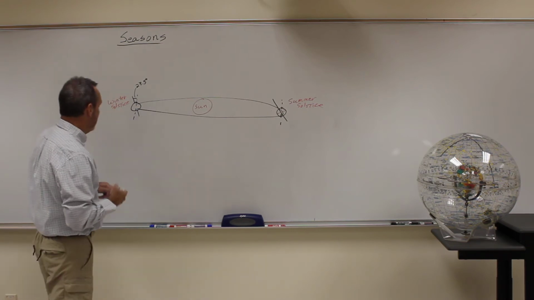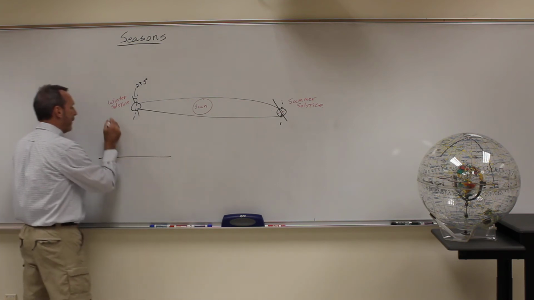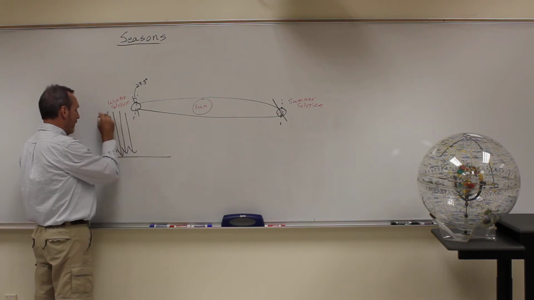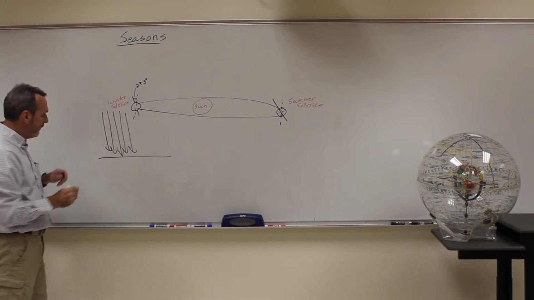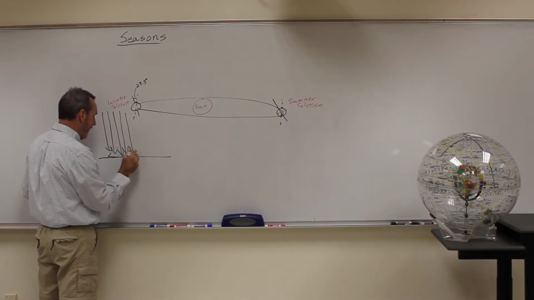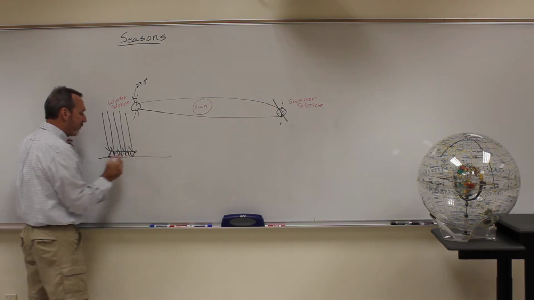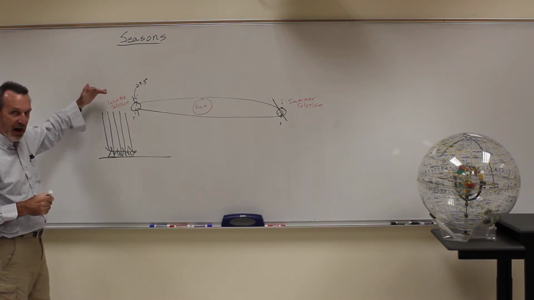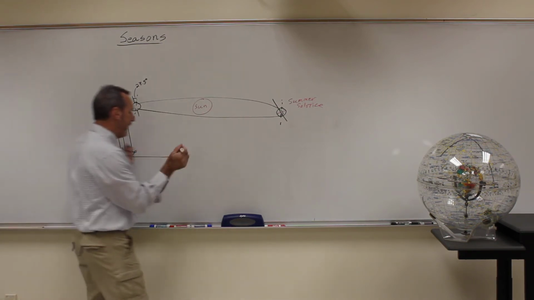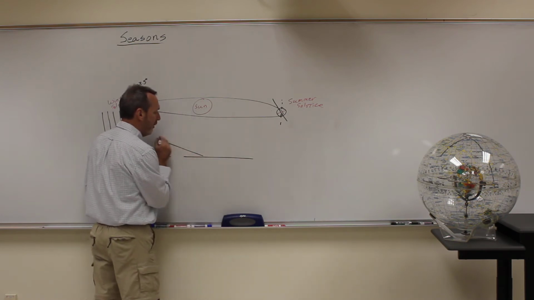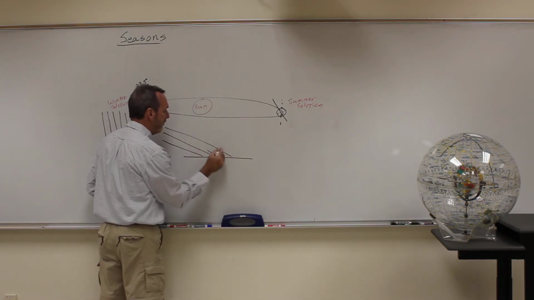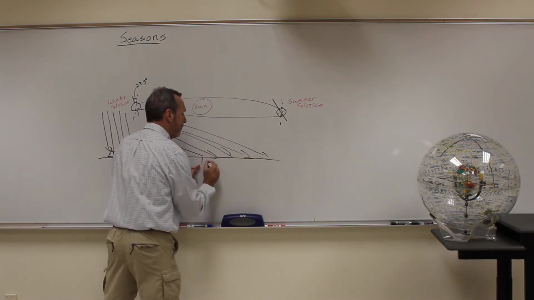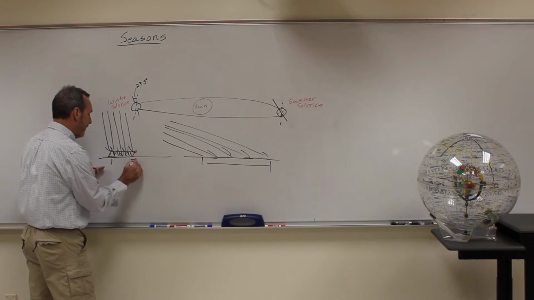What creates the seasons is the fact that the sun's higher in the sky. So if sunlight is coming in from a very high angle like this, sunlight is just energy. That energy covers a certain area on the ground and the ground absorbs that energy. So when the sun is very high, the ground can absorb a lot more energy than it can when the sun is low. When the sun is low, that same amount of energy coming from the sun is spread out over a much bigger area than it is here.